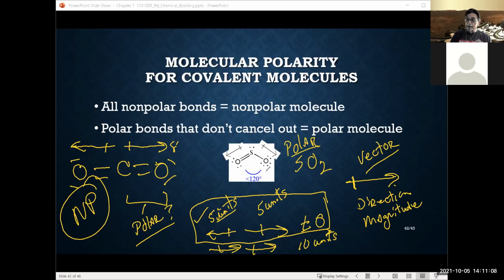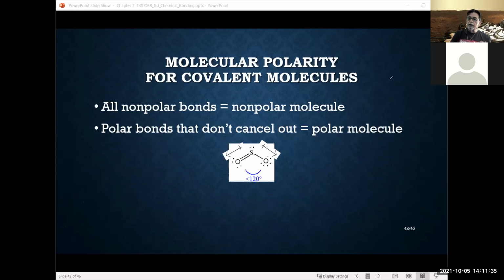They're going in different directions. This one is going to the southeast and this one to the southwest, because these have positive and negative direction. And so when polar bonds do not cancel out, and you have more than one polar bond, obviously you end up with a polar molecule.